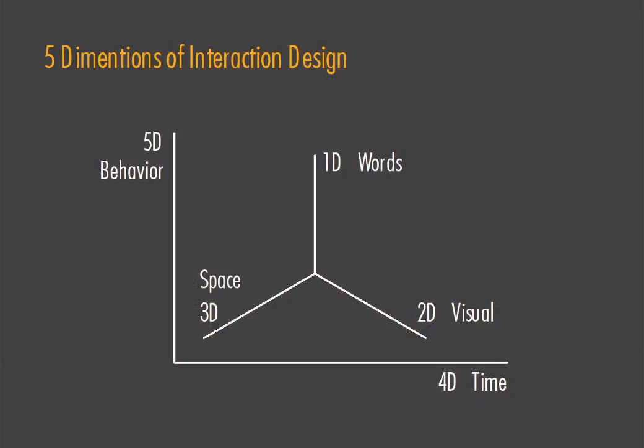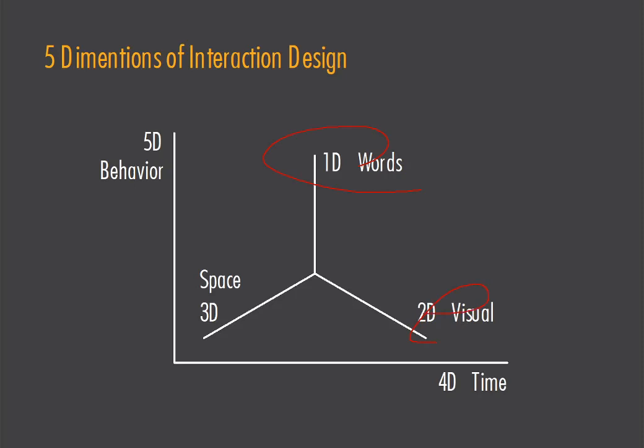Okay, there are, you can say, 5 dimensions of interaction design. Words here means titles, descriptions, readable texts written with letters, of course. The second is visuals.